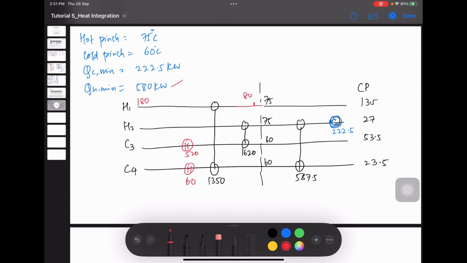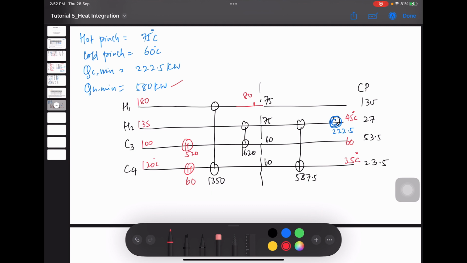Next is 135, then 45, then you have 60, 100, 35, 120. Okay, so these are all the temperatures of the streams.